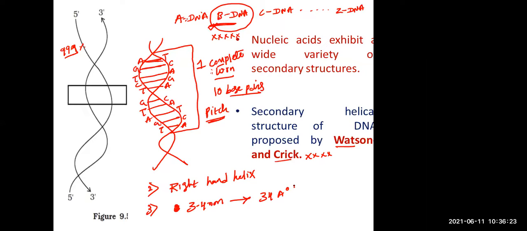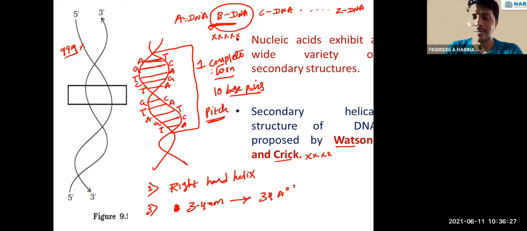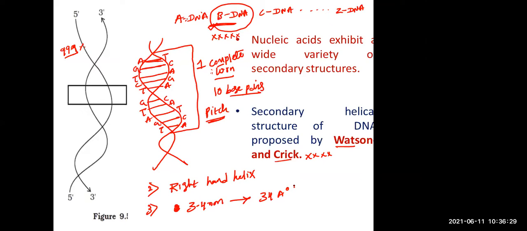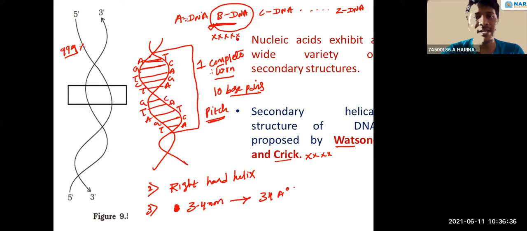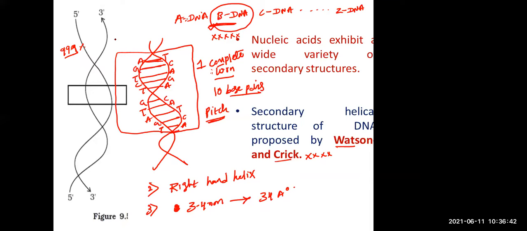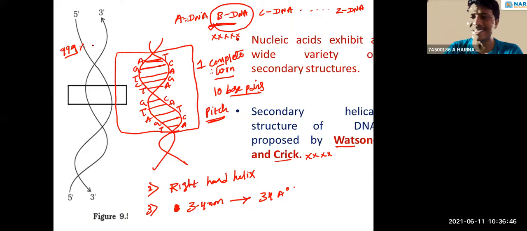Sir, is it only one helix or both helices together? Once again, are we considering only one helix or both helices? This is one helix, and one helix consists of 10 base pairs. One helix length is 3.4 nanometers.